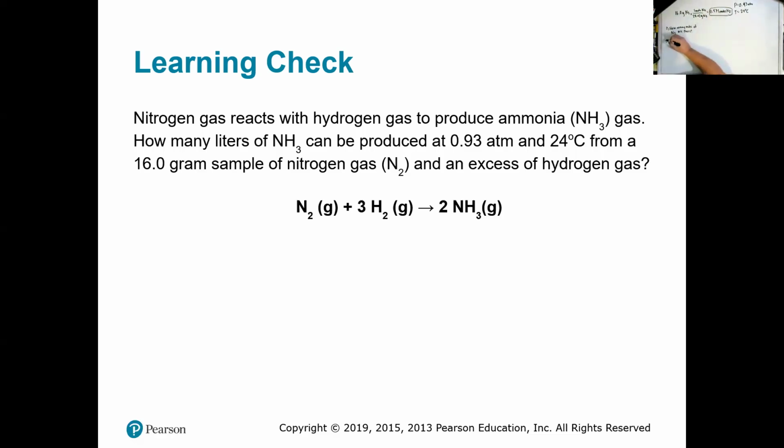Second step, we're going to find the moles of NH3 from the moles of N2. And we're going to do this by using our balanced equation.